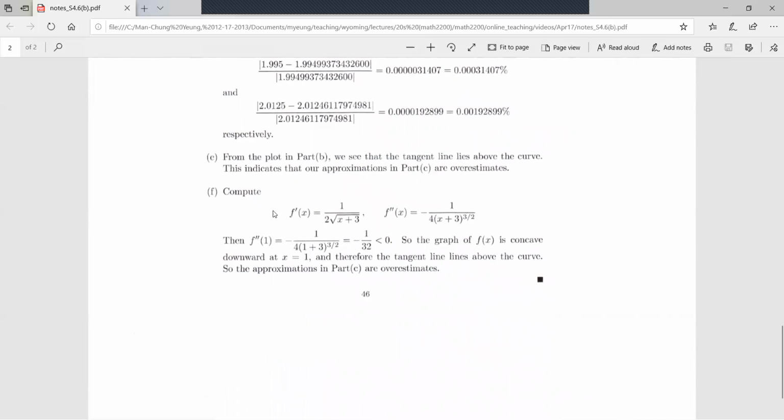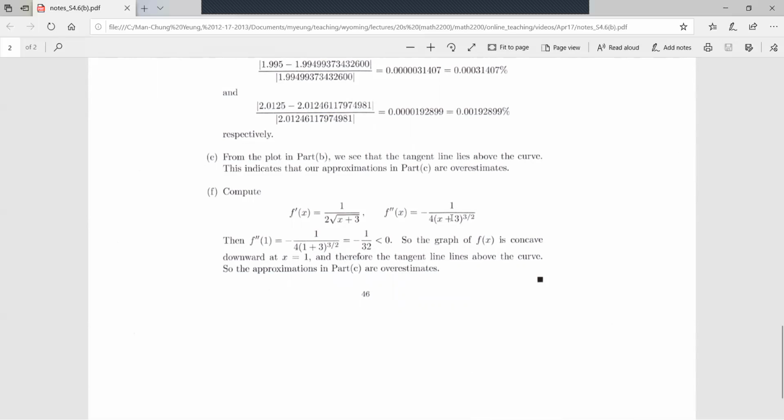Compute the derivative once, we get the result here. Take the derivative on this again. I use the chain rule because this function is 1/2 times x plus 3 to the negative 1/2. I use the chain rule to compute it. Then I get the second derivative is this.